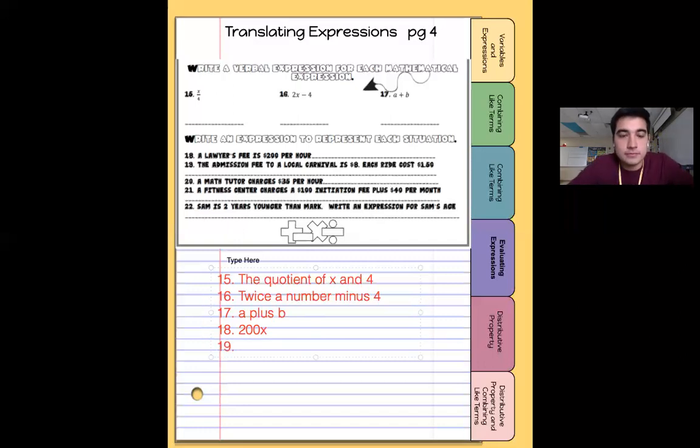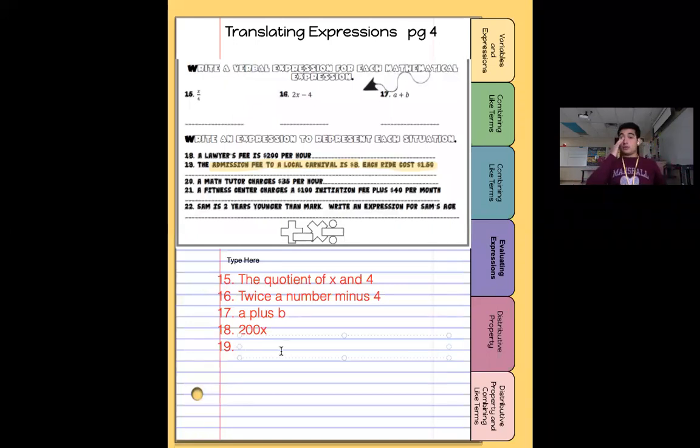Next, 19. The admission fee to a local carnival is $8. Each ride costs $1.50. So let's highlight the key stuff there, because we can break it down. The admission fee is $8. Each ride costs $1.50.